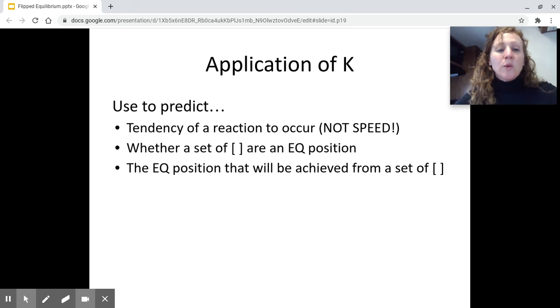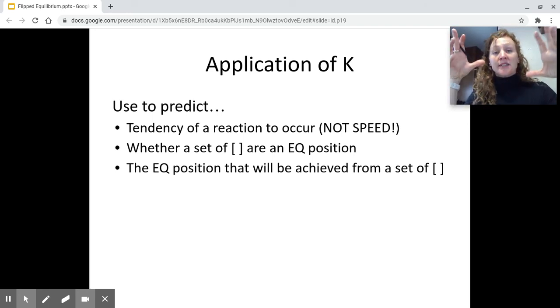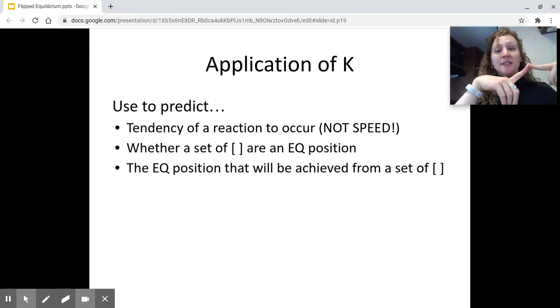Second of all, we can use it to predict if our system is at equilibrium already. If I'm given a set of positions or concentrations of my reactants and products, I can look at that set of positions and determine, am I at equilibrium or not?